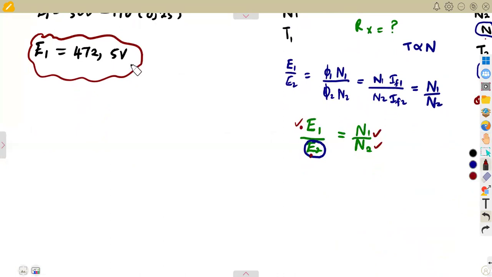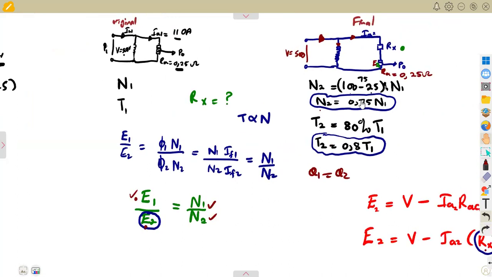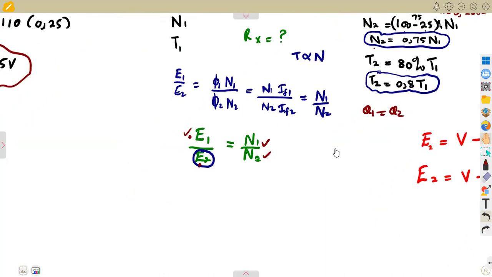Since we have a relationship between N1 and N2 to use, it will be best that you just substitute on your formula as it is.